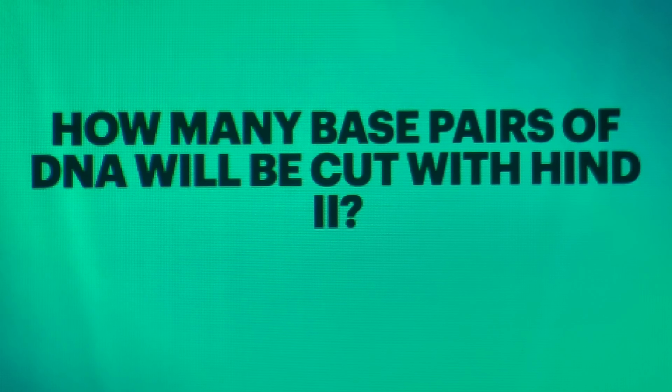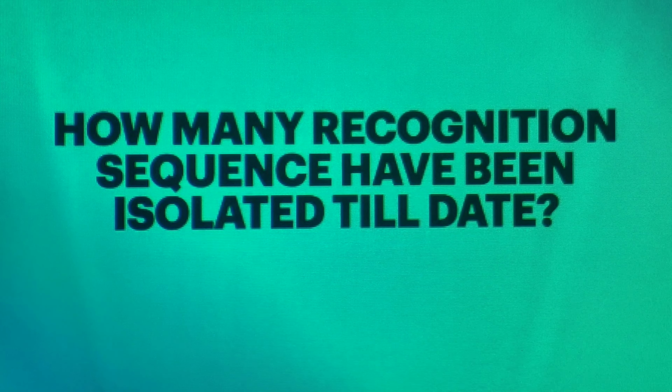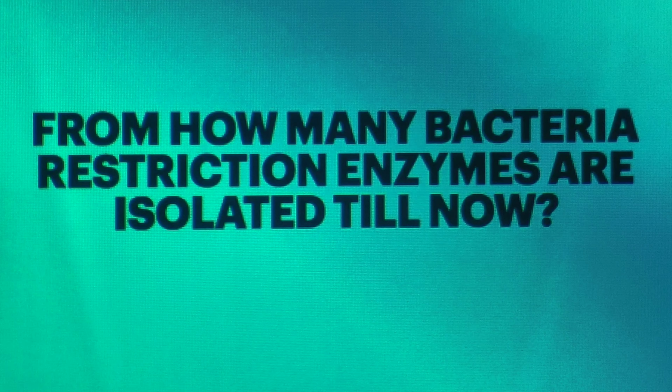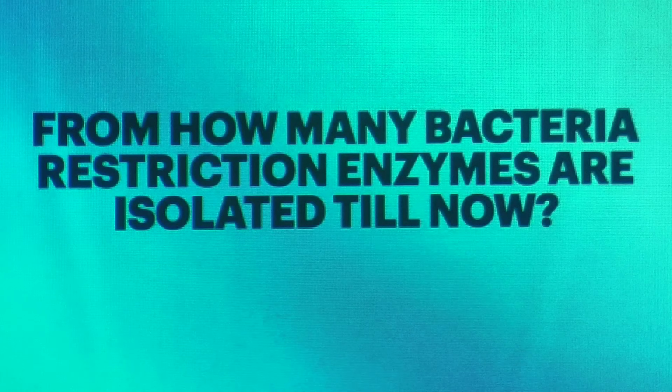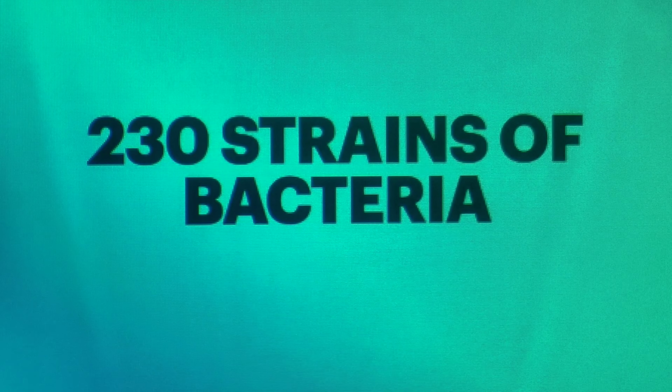How many base pairs of DNA will be cut with HindII? 6. How many recognition sequences have been isolated to date? 900. From how many bacteria are restriction enzymes isolated till now? 230 strains of bacteria.